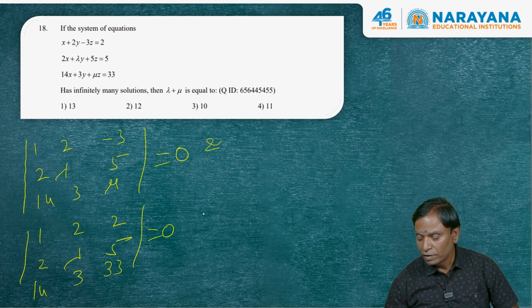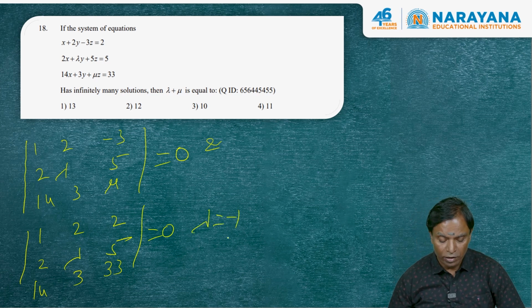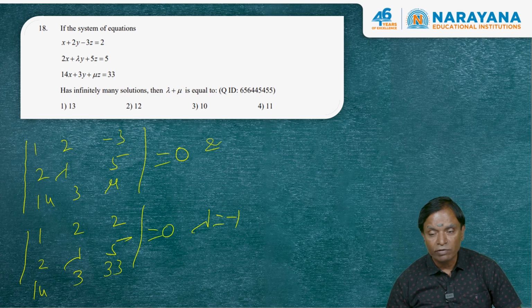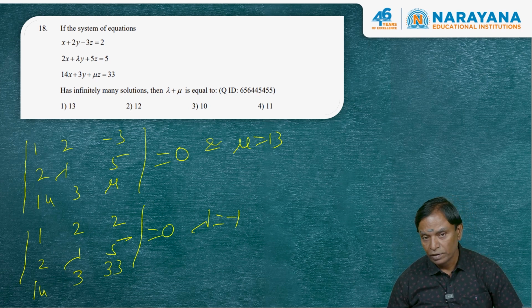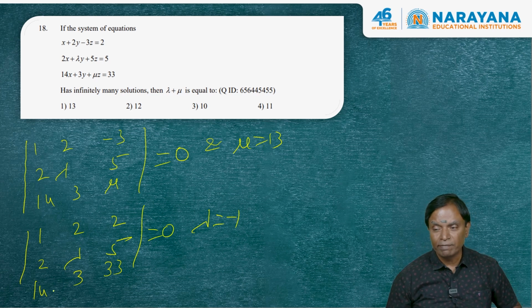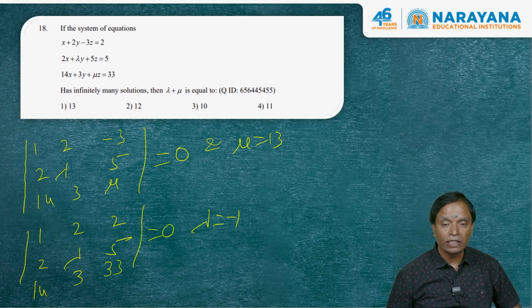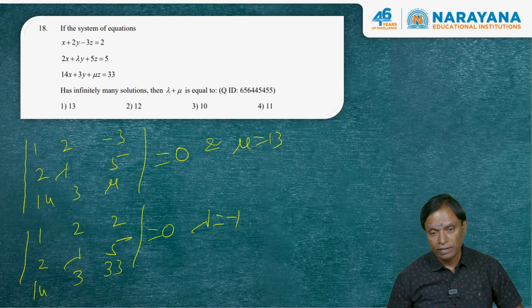If you expand the second determinant, you will have lambda is −1. Put lambda equal to −1 in the first determinant, evaluate mu, you will get 13. You are asked to calculate lambda plus mu, which is nothing but 12. Okay, as I am telling you, you must have hands-on practice in expanding the determinant very fast and in solving the straight line equations in three-dimensional geometry.